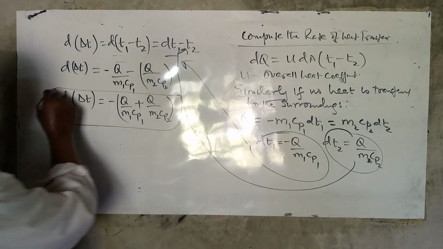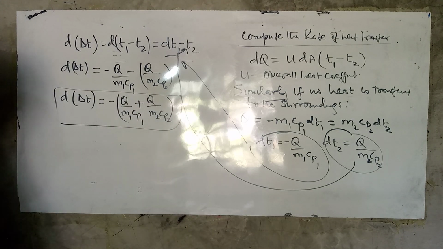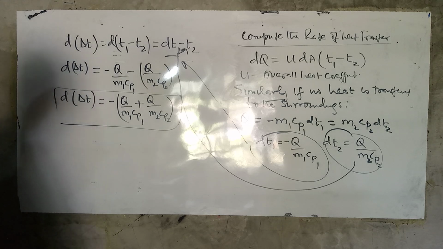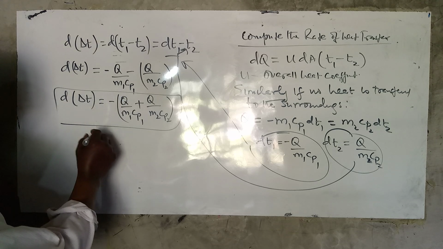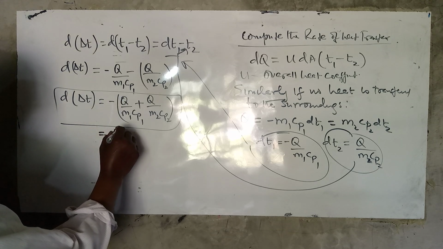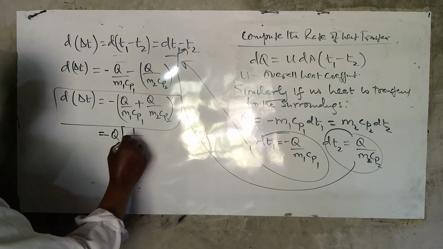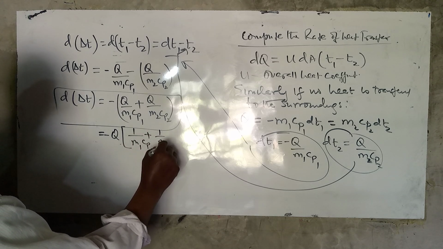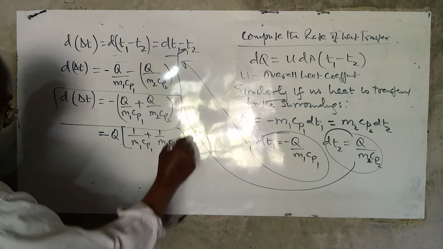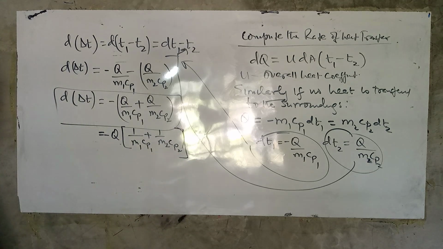And this expression is very simple. It's very, very simple. In fact, you can pull out the Q so that it's not cumbersome, so that we have 1 over M1 CP1 plus 1 over M2 CP2. And even for the counterflow, it's very simple.